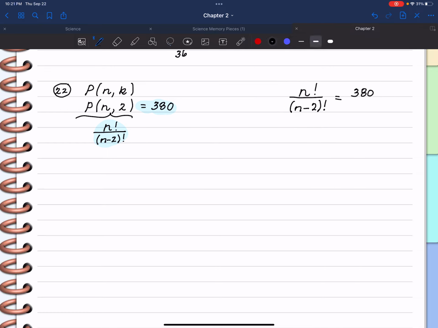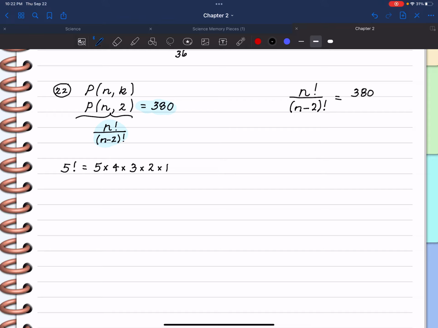We're going to have to break down what n factorial literally means. Now remember, if we have like 5 factorial, and I'm just picking 5 as an example, we did 5 times 4 times 3 times 2 times 1 to get the factorial.